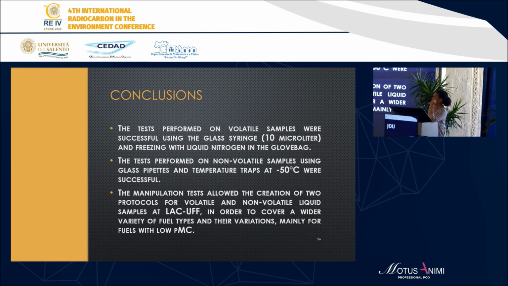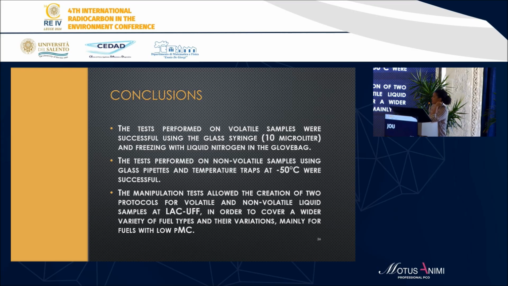So for the conclusion, now we have 2 new protocols for liquid samples. For volatile samples, the best was to use a glass syringe and freeze with liquid nitrogen in a glove bag. And for non-volatile samples, the glass pipette and temperature trap at minus 50 degrees was the best.